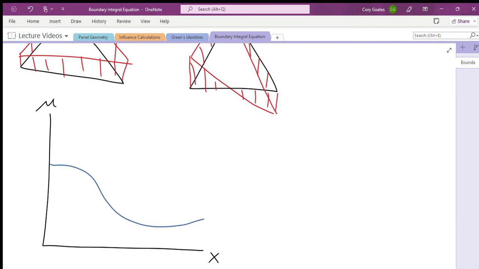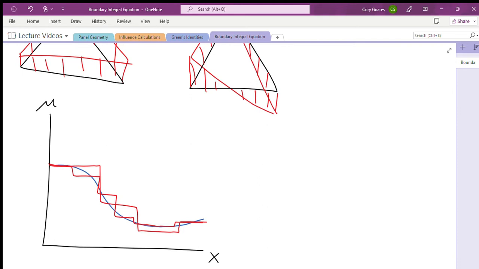Well, if I've discretized it, and I'm saying I want constant strength panels, then maybe my discretized solution is going to look something like that. Or, if I up my mesh density, I could get a solution that looks something like that. And as we increase the number of panels, we'll get closer and closer to the exact solution.